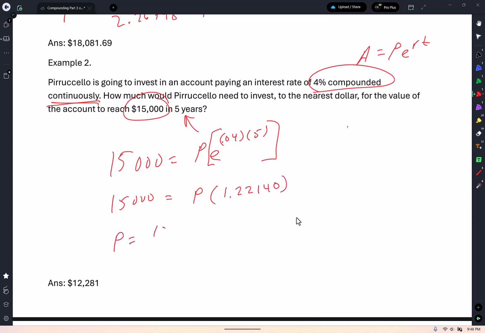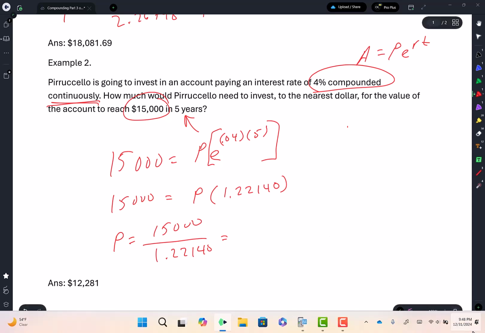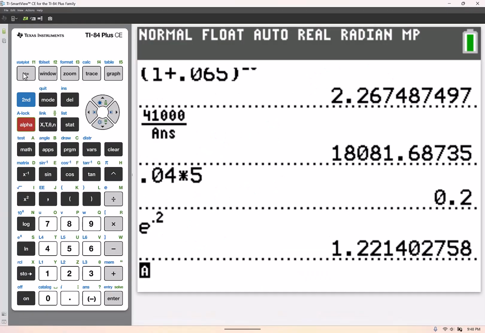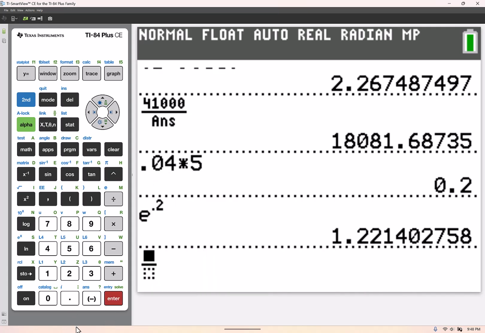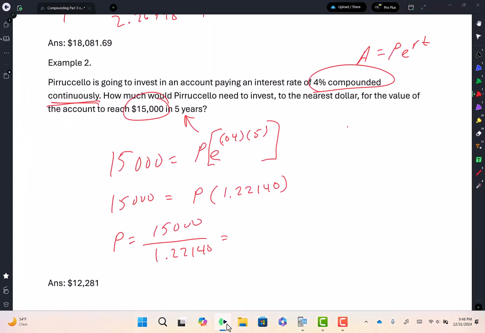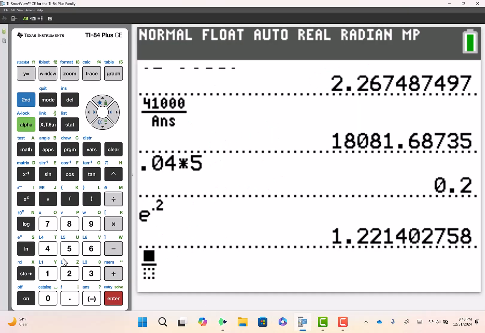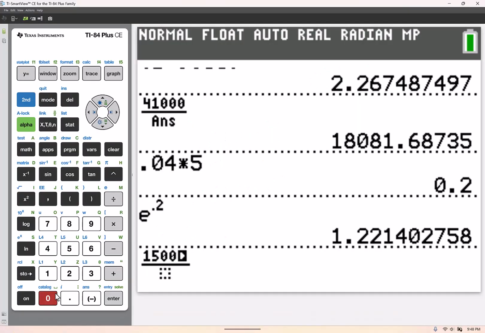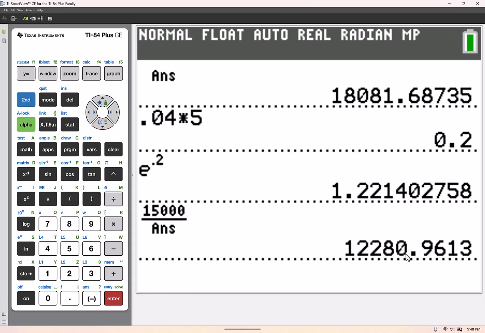So the initial amount is 15,000 divided by 1.22140, and use the number that's in the calculator, guys. Let's see, what do we got here? I'm going to go alpha, enter. I'm going to put 15,000, and I'm dividing by second ANS, and voila, 12,280.